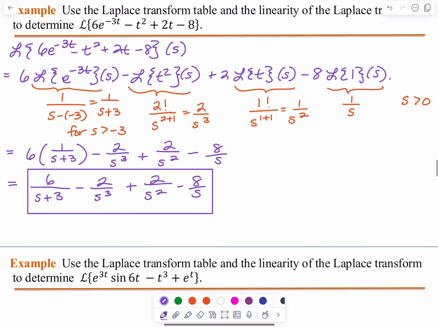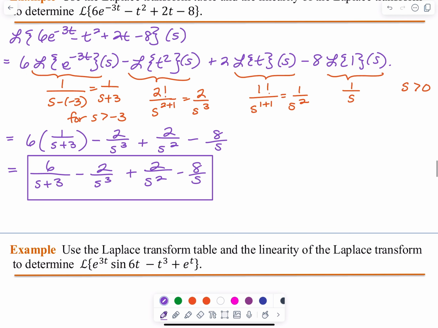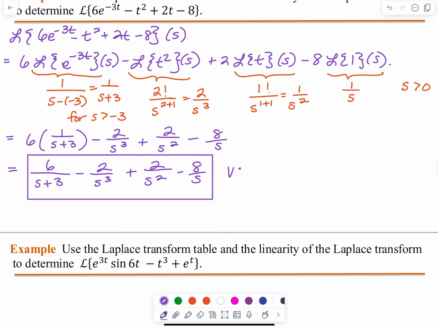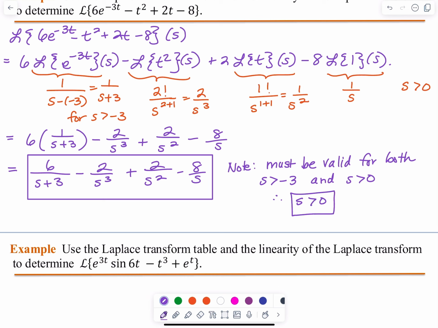Okay, and so this would have to be valid. Let me make a note here. For both, or the intersection of these sets. So therefore, s must be greater than 0.